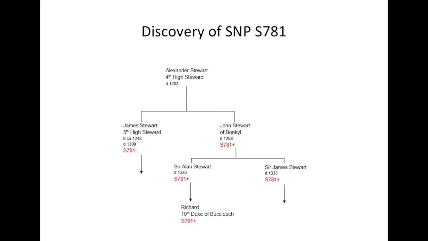Now, male line descendants of two of his sons, you see two sons here, Sir Alan Stewart and Sir James Stewart, were tested and both carried the S781 SNP. You'll notice, in fact, that one of these was the current Duke of Buccleuch.